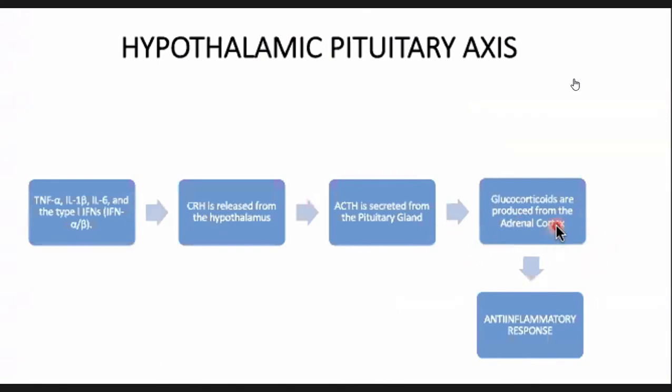Then glucocorticoids are produced from the adrenal cortex, which will counteract the inflammatory response. That's why we give glucocorticoids in patients in sepsis or severe sepsis that is unresponsive to hydration and antibiotics, because they will counteract the inflammatory response, especially when the body is overwhelmed.